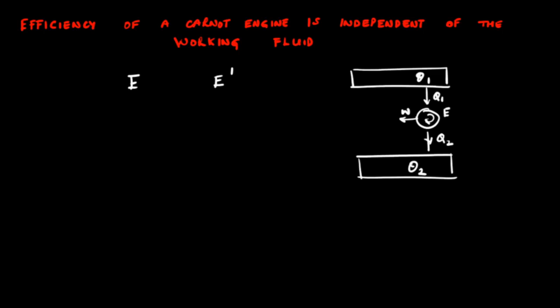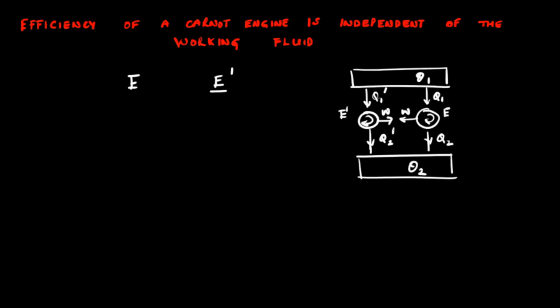And we'll also consider another heat engine, let's say E prime, and this heat engine also produces the same amount of work, but it has a different working substance. So in general, we can first start with the assumption that it takes in a different amount of heat Q1 prime and rejects a different amount of heat Q2 prime.